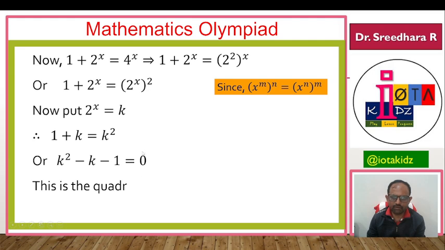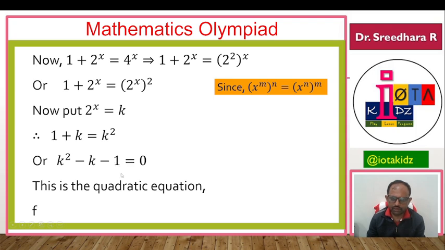So this is a quadratic equation of the form ax square plus bx plus c is equal to 0. The coefficients in this equation are the a, b, c values. So here the x squared coefficient is a is equal to 1, the x coefficient is b is equal to minus 1, and the constant term coefficient is c is equal to minus 1.